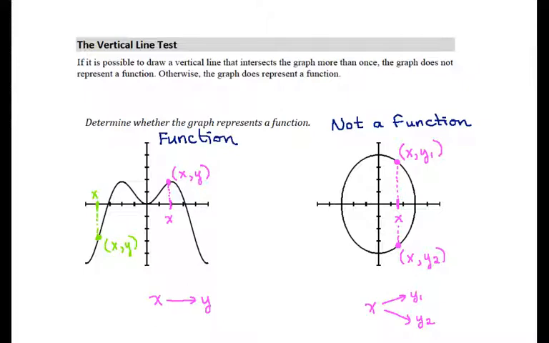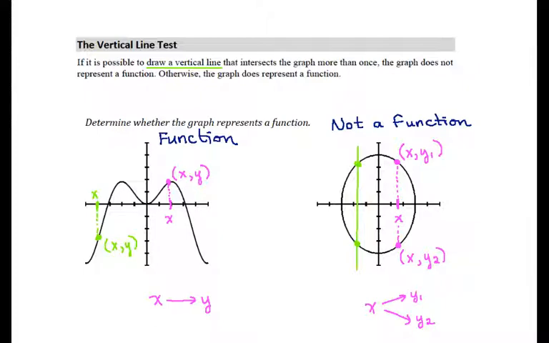Because the process of evaluating a function for an input x is the same as drawing a vertical line, we have this test that we call the vertical line test. If it's possible to draw a vertical line that intersects the graph in more than 1 point, then we would say that graph, that relation, is not a function.